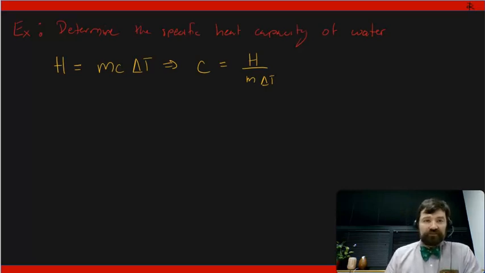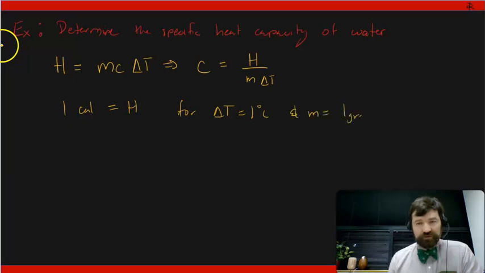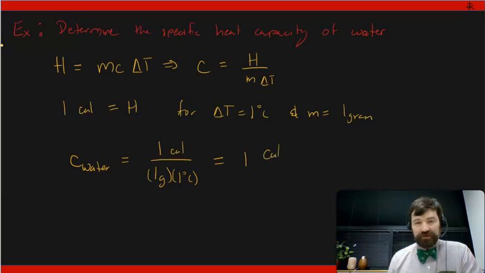So for water, we just said that 1 calorie is the heat for delta T equals 1 degree C and M equals 1 gram. It follows that the specific heat for water is equal to 1 calorie per 1 gram times 1 degree C. And so therefore it is 1 calorie per gram degree C.